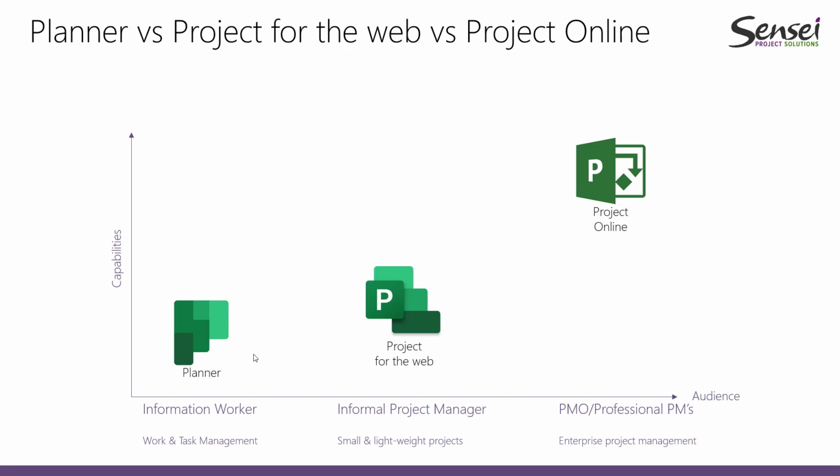Microsoft Project for the Web, in its initial MVP release, is targeted at the informal project manager who needs to manage small and lightweight projects like many of us do. Project Online is for the professional project manager and the PMO who need to manage large, complex projects and coordinate a portfolio of projects and resources.